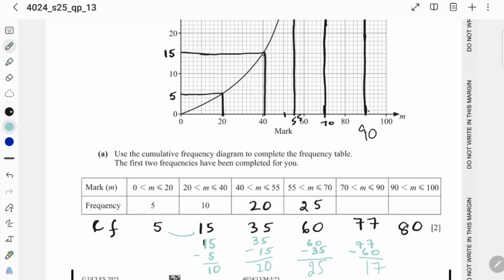So that is only 17. And then 80 and 77, I'll have to subtract 80 and 77, which is simply 3. So that is only 3. So this is cumulative frequency. Whenever you add all of them, then the total frequency will be equal to 80. I hope you understood this.